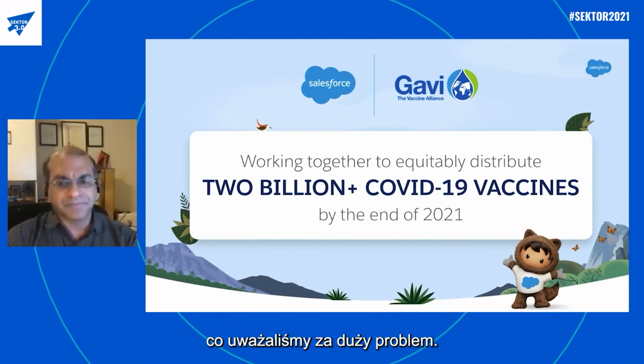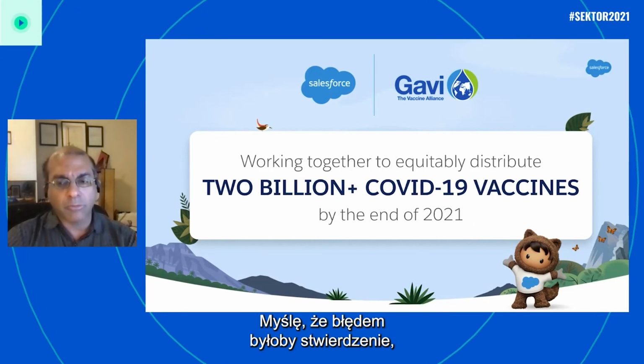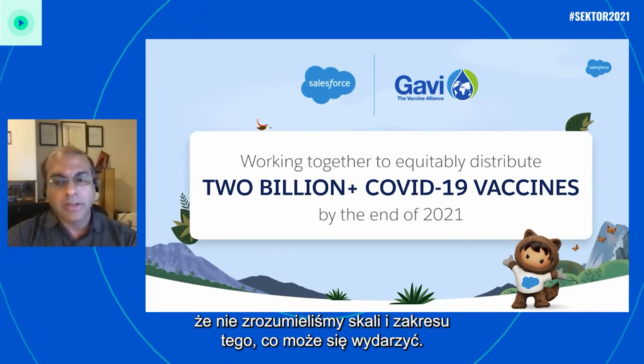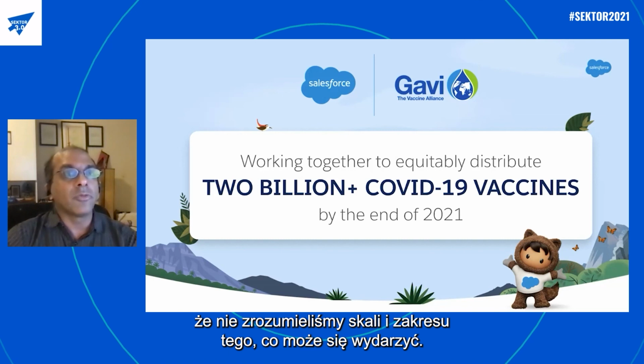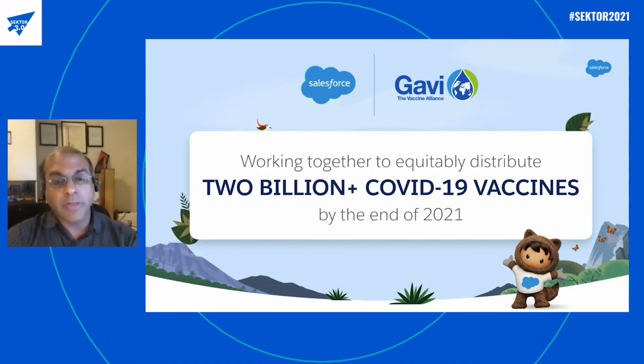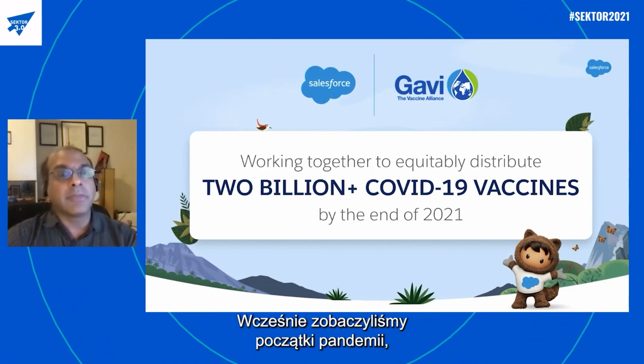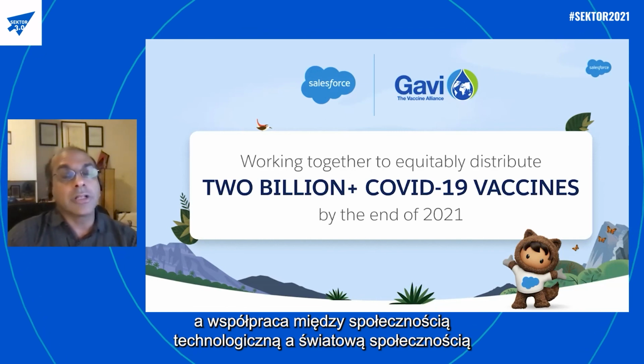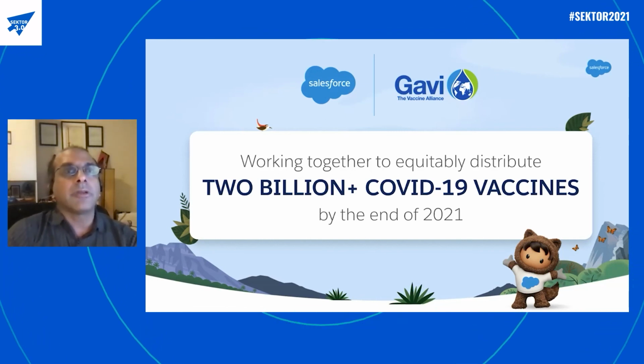I think it would be wrong to say that we didn't understand the scale and scope of what could happen. We saw the pandemic emerging early, and these collaborations between the technology community and the global health community started pretty early.